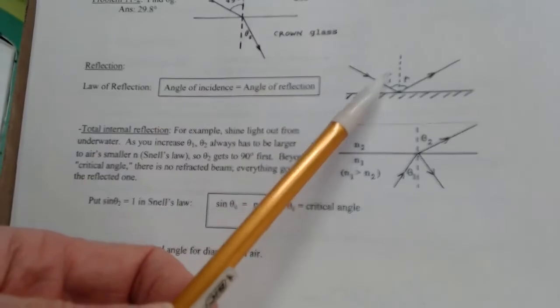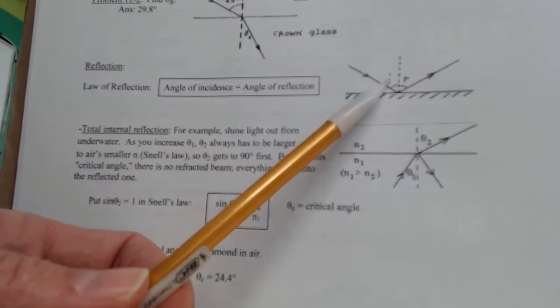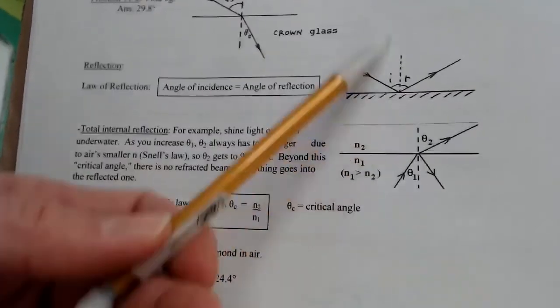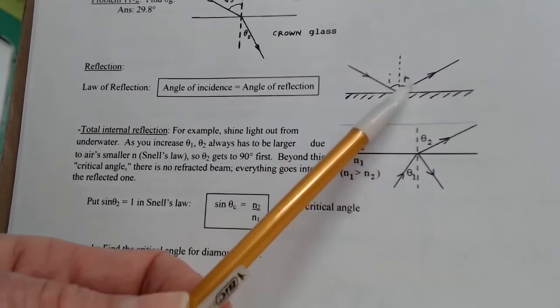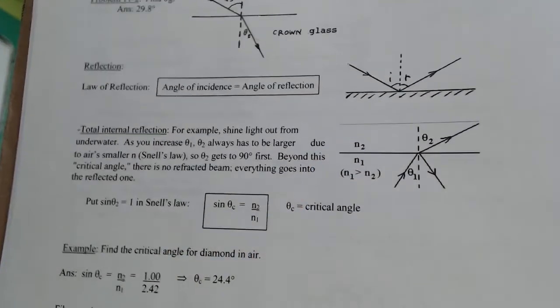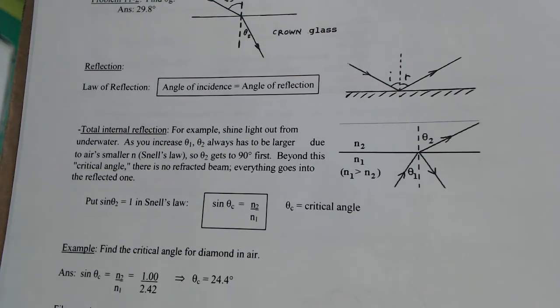If the incoming ray makes, let's just make up a number, 38 degrees with the normal, a perpendicular to the surface, what is the angle to the reflected ray? It's 38 degrees. Tough calculation there. So the angle of incidence, the angle to the incident ray or incoming ray, whatever you want to call it, equals the angle of reflection.